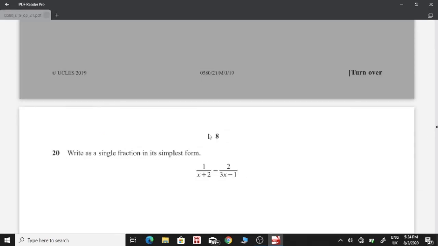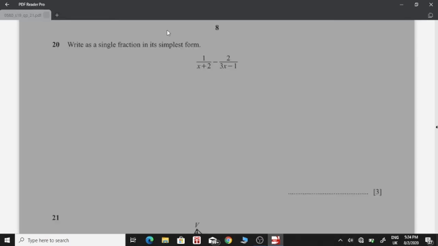Moving on to question number 20. Write as a single fraction in its simplest form 1 over x plus 2 minus 2 over 3x minus 1. Okay, so I'm going to be multiplying the denominators with the fractions, cross multiplying them.